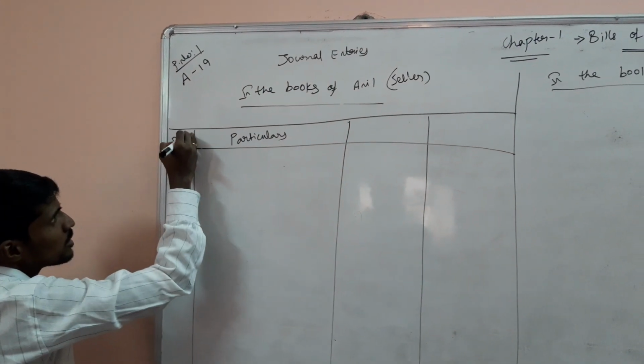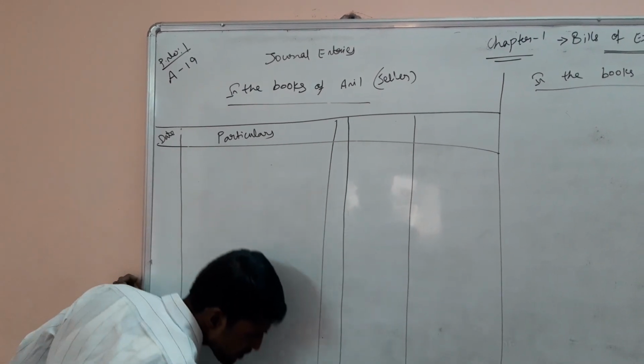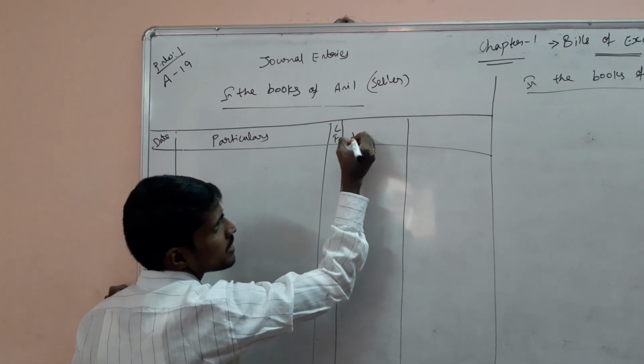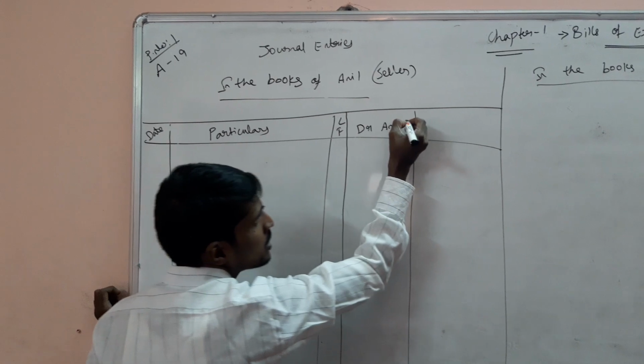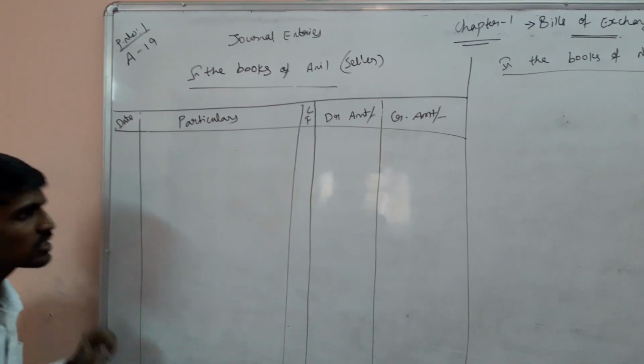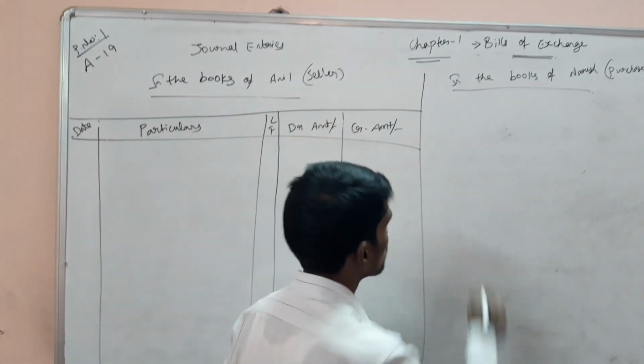We have the date column, the LF column, next the debit amount and credit amount. This is the journal entry format. The same way we draw it for the books of Naresh also.